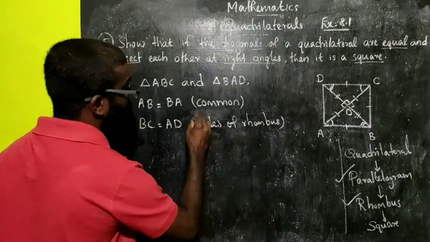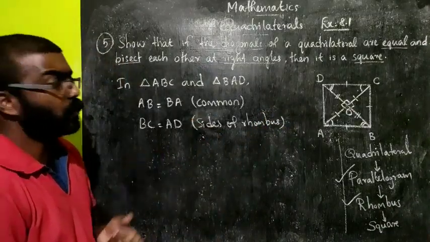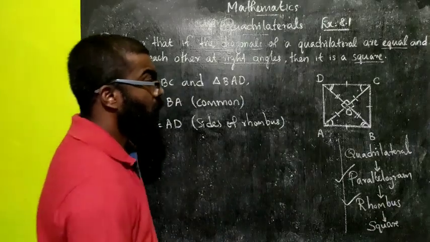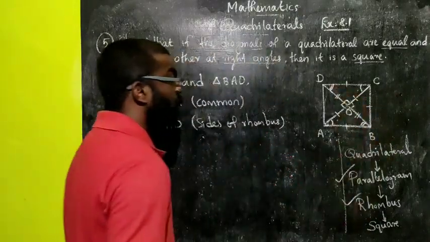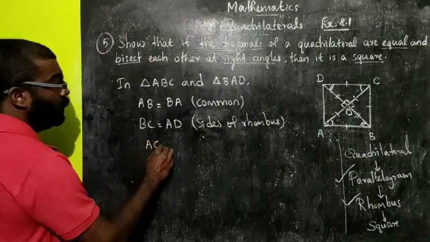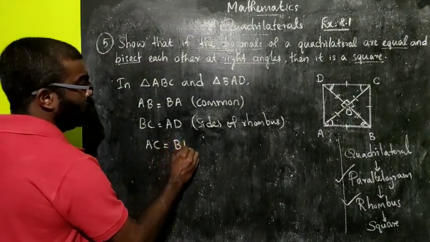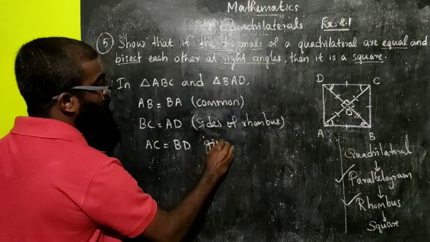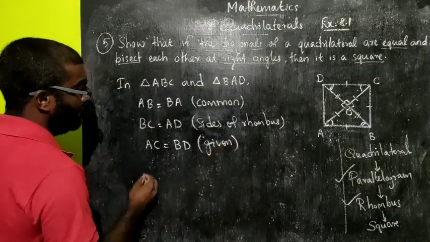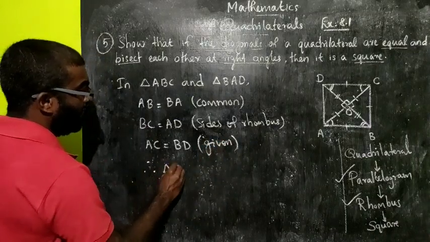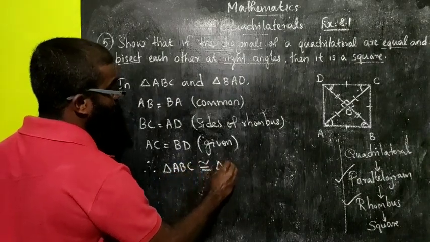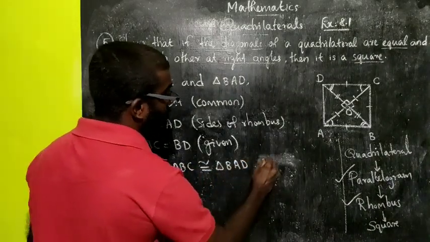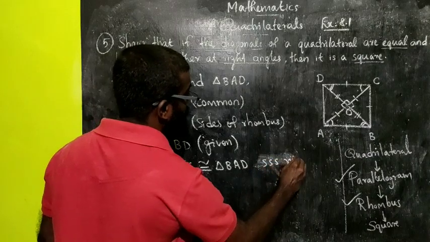All sides of a rhombus are equal. So we can write BC is equal to AD. Then one more thing is AC equal to BD. It's given. Diagonals are equal. So AC equal to BD given. Therefore, we can write triangle ABC is congruent to triangle BAD by SSS congruence rule.